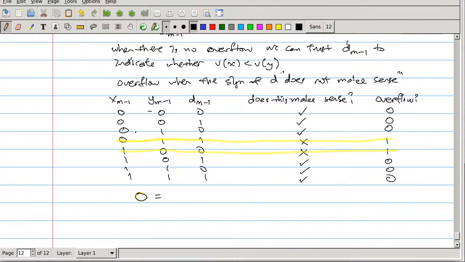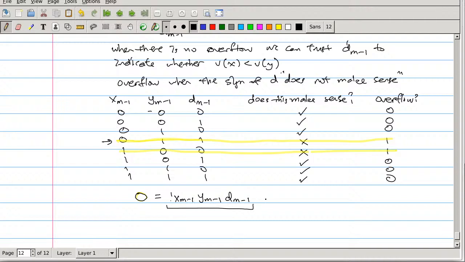Well, in the first scenario, which is this row over here, I can say that if I negate xm minus 1 and ym minus 1 and dm minus 1, if this conjunction is a 1, that means it has an overflow, because when this expression is a 1, it tells me that xm minus 1 is a 0, ym minus 1 is a 1, and dm minus 1 is a 1. That's the only time when this conjunction is going to be a 1.